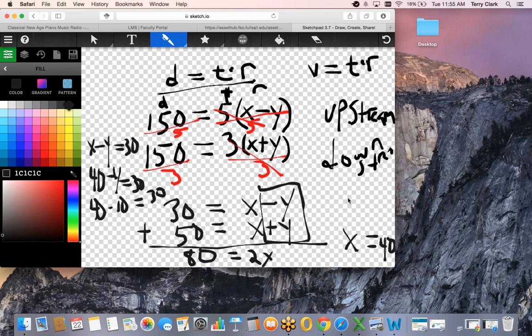So that means y is 10. Okay, so x is 40 and y is 10.